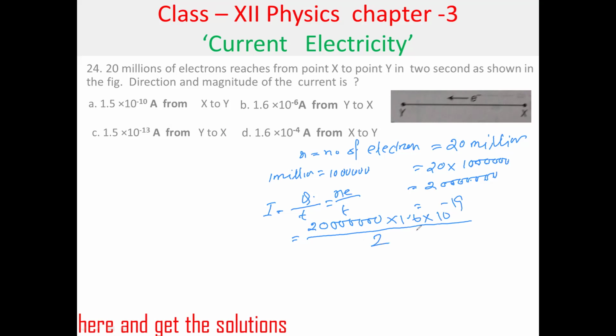If I divide this, the 2 cancels out. So it will be 1.6 into 10 to the power 7 minus 19, so minus 12. Finally it is 1.6 into 10 to the power minus 12 ampere. A small correction needs to be done: this will be 2.